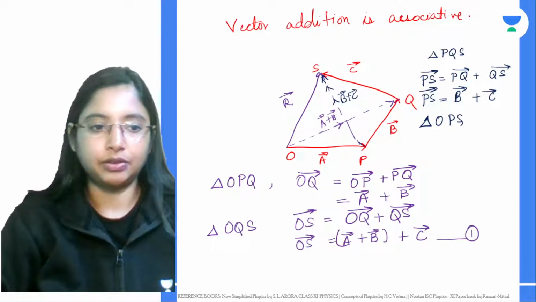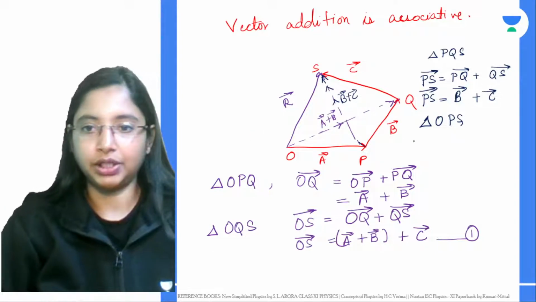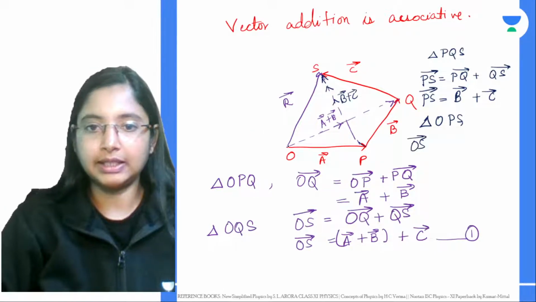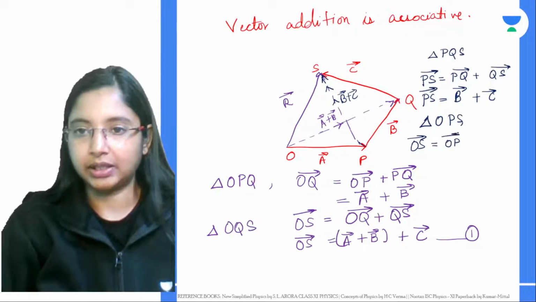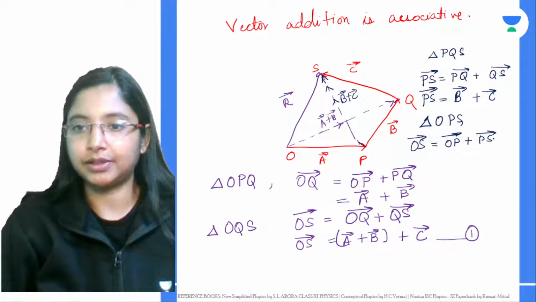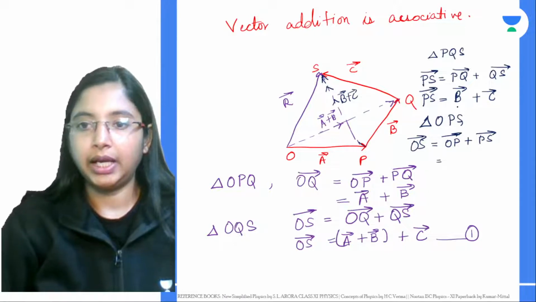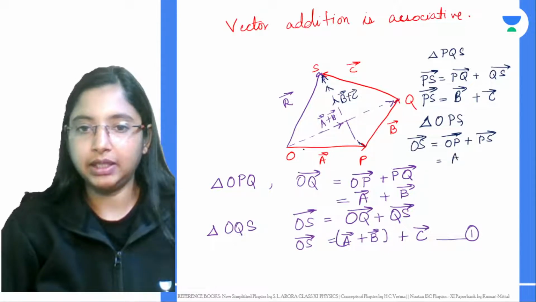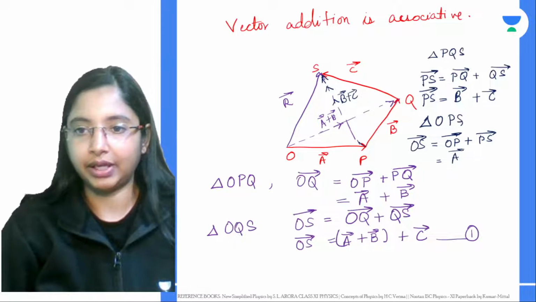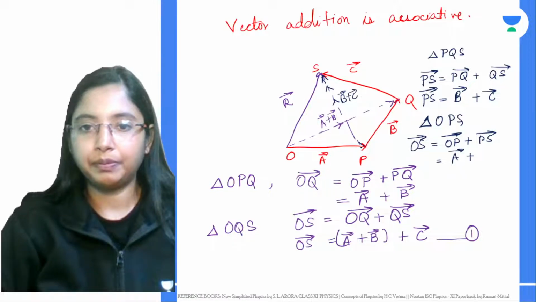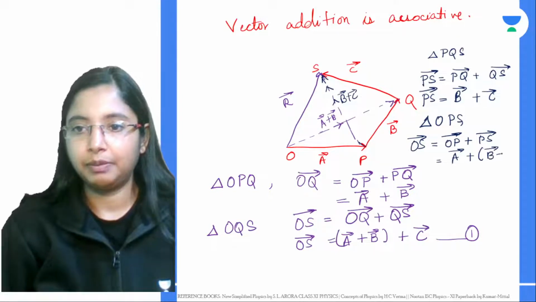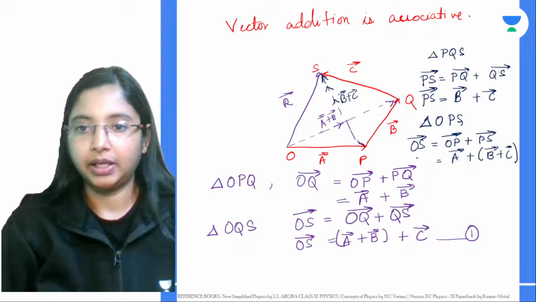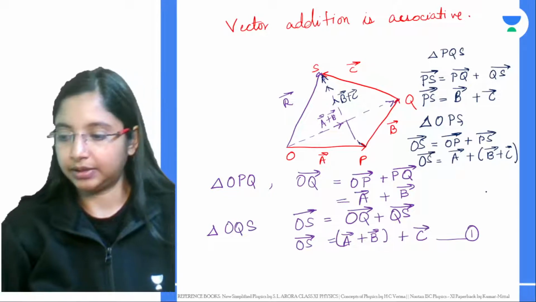So let's say OS vector over here. This is the starting point and this is where it is ending. This OS vector is equal to OP vector plus PS vector. OP vector is A vector, and PS vector, we just found to be B vector plus C vector, right? So this is OS vector.